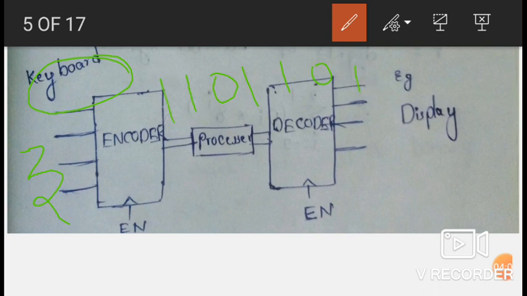The processor processes the information and gives the result to the decoder, and the decoder decodes the information, and the final result will be given to the display. The display will display the value that you entered on the keyboard. That's the reason why we are using these different types of number systems.